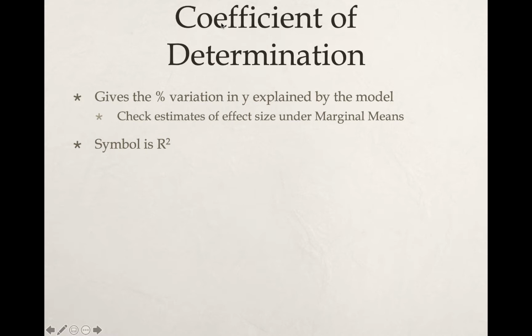How well do all the x's do at explaining the differences in the y's? That's our coefficient of determination. And I shouldn't say this week, I should say this lecture, it matches the factor variation in percent. So we only have one factor.